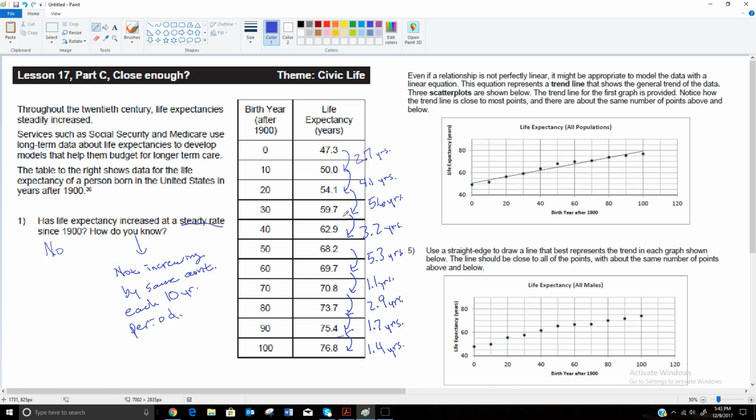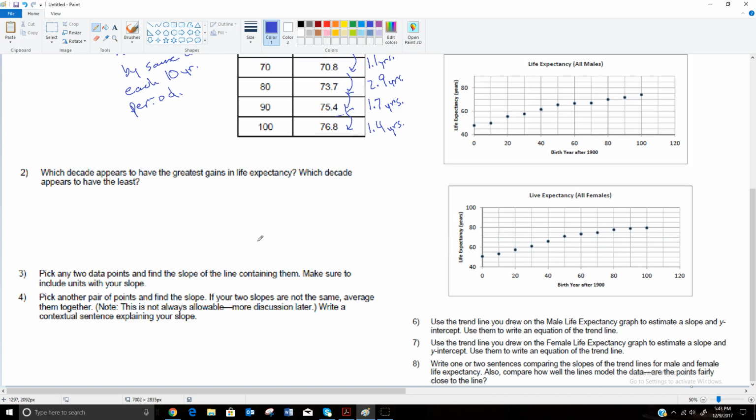Okay, so the one that looks like it had the most was from being born in 1920 versus being born in 1930. If you were born in 1920, you were only expected to live to be 54.1, but if you were born in 1930, you were expected to live to be 59.7. So which decade?